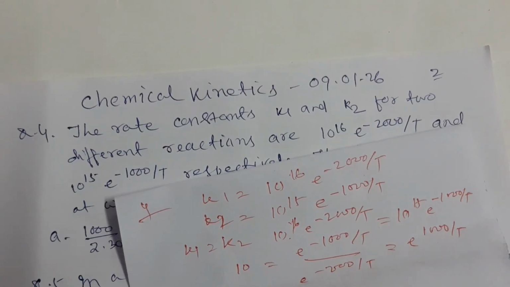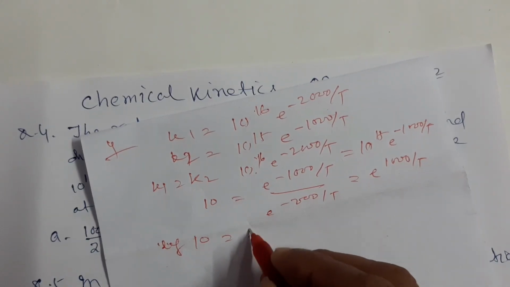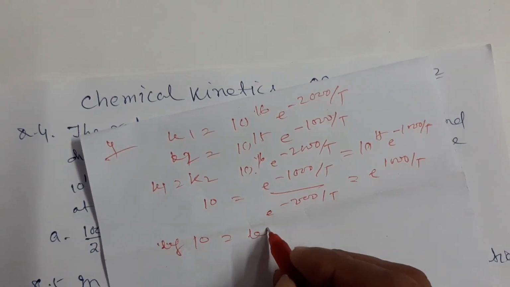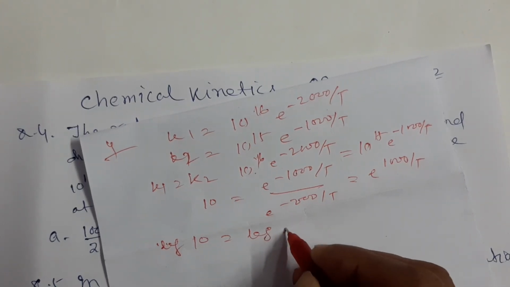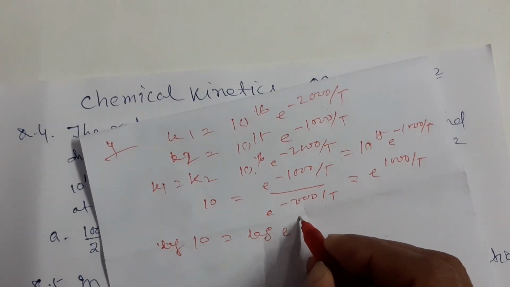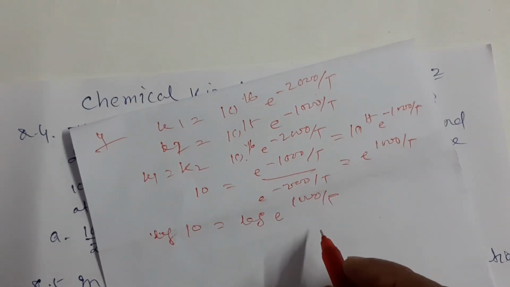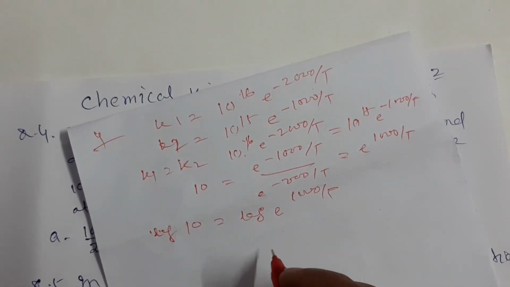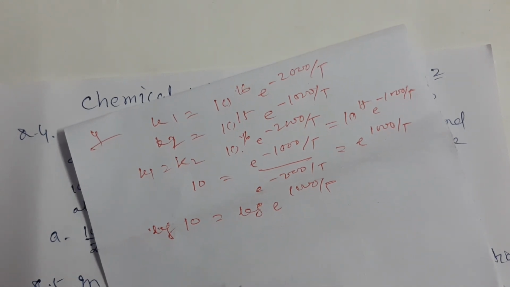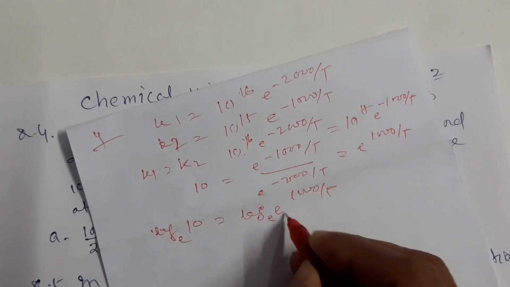So putting log on both sides, log 10 is equal to log e to the power 1000 by T. So this is your log e, and this is your log e.